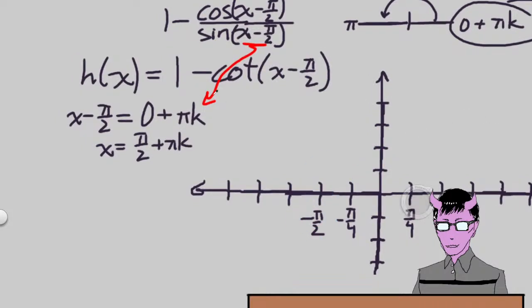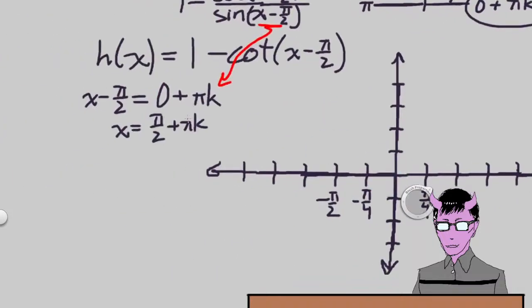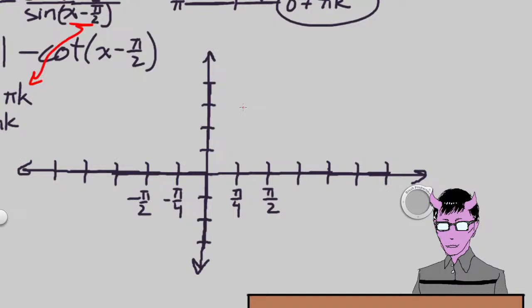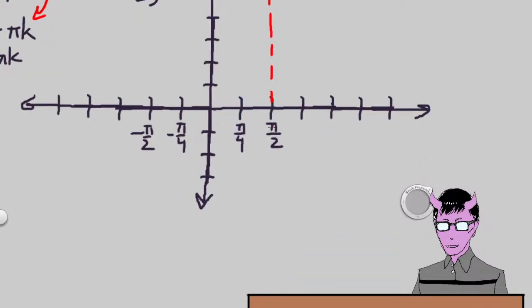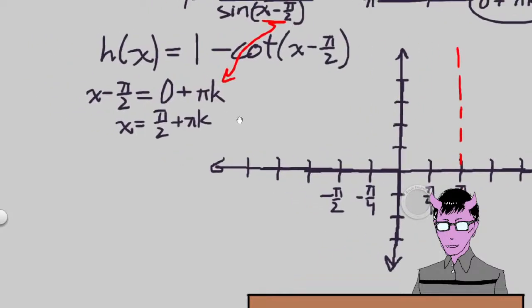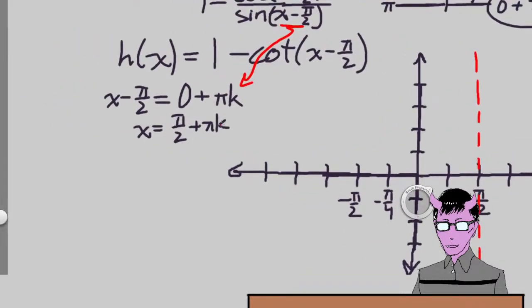Looks good for now. And then we're going to start laying down the vertical asymptotes, because again, if k is equal to 0, then this is just pi over 2, which is the first vertical asymptote. And by first, I mean the smallest positive vertical asymptote after the shift. And of course, we can set k equal to minus 1.